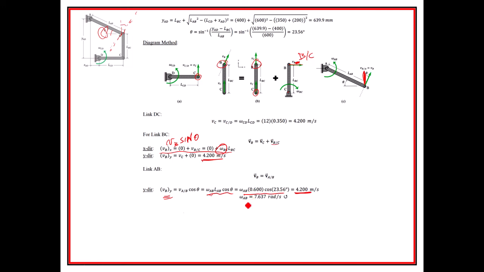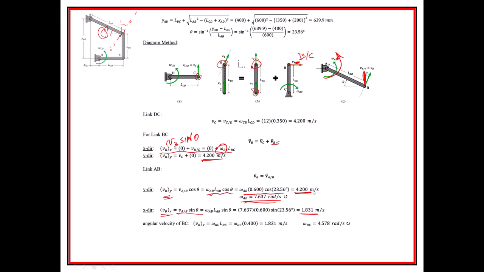So we're able to find what omega AB is, and we have it in that direction. So from that, we're able to get the velocity in the x direction. Yes, we definitely could get that. We could do that in a couple different ways, but we'll get that.